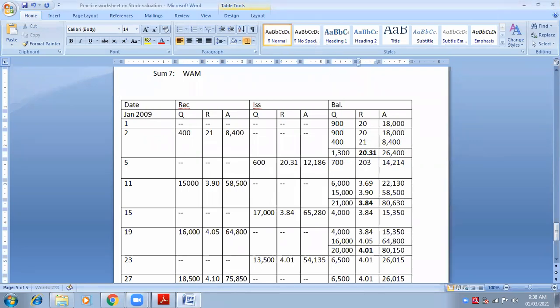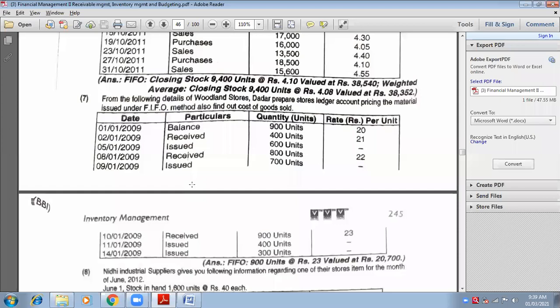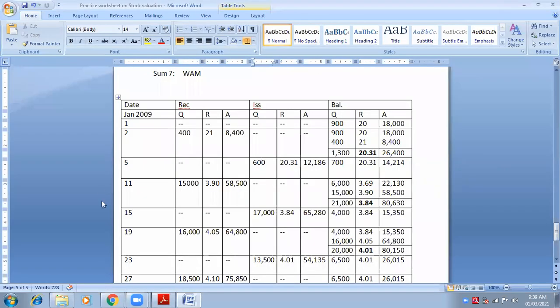So here we have found the rate which matches with the weighted average rate. That means up to here we are doing correct. Now draw the line because the date transaction is over. Next date is 8th date. Write down here 8.